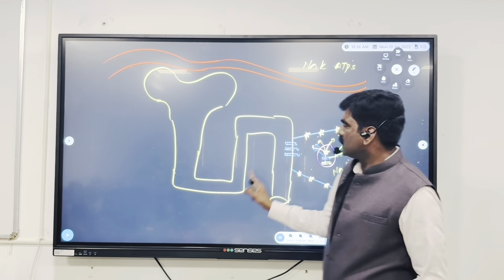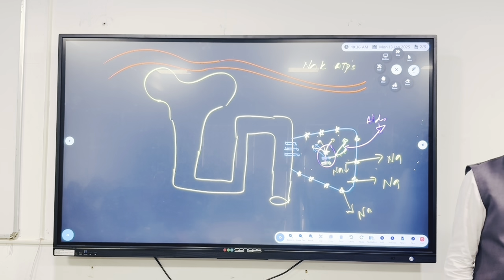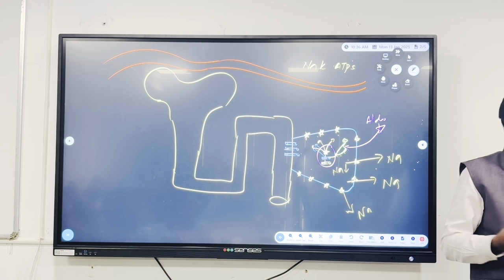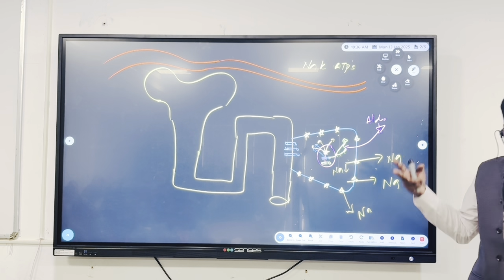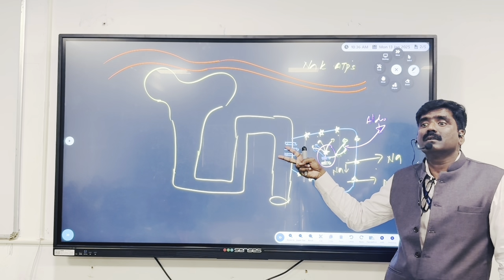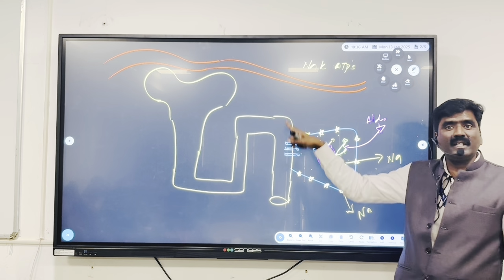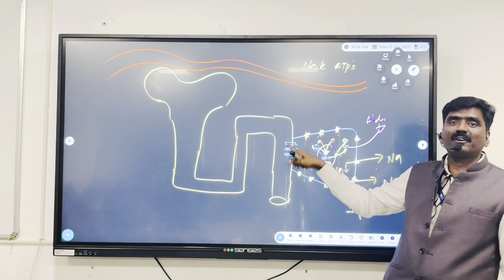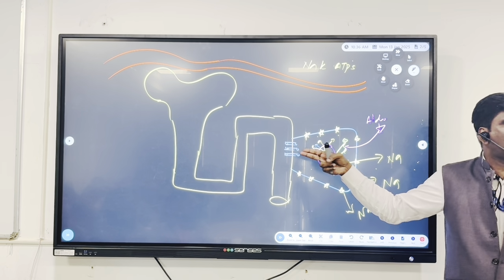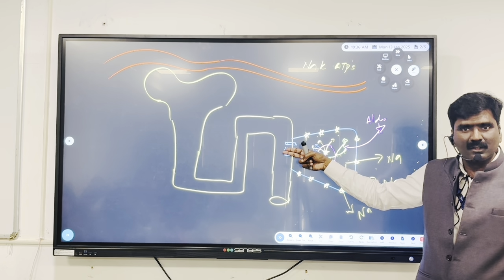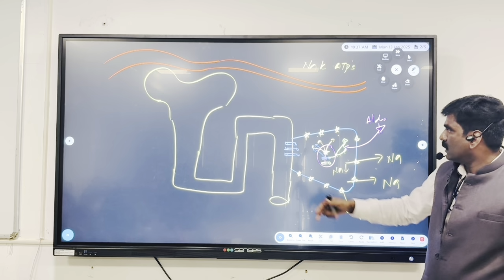More and more sodium channels are created and planted in the collecting tubule. Previously it was the walls of the primary cells. Now it is placed in the collecting tubule, right?